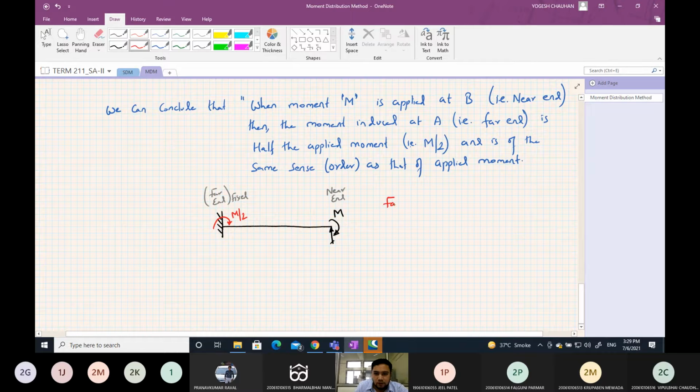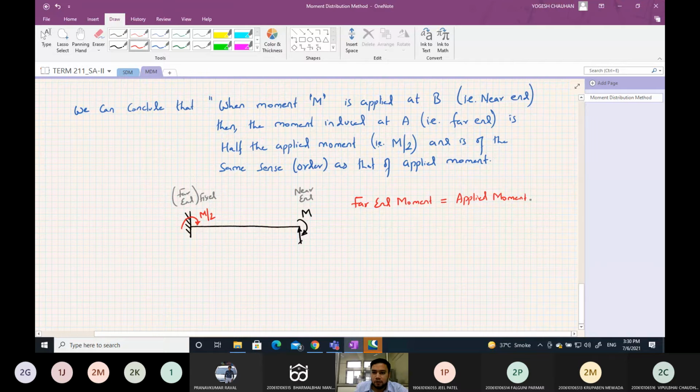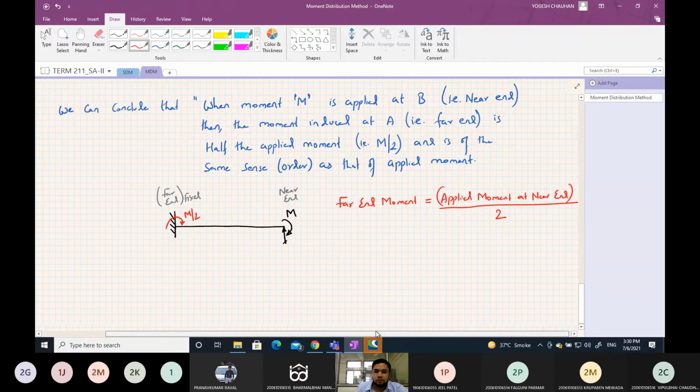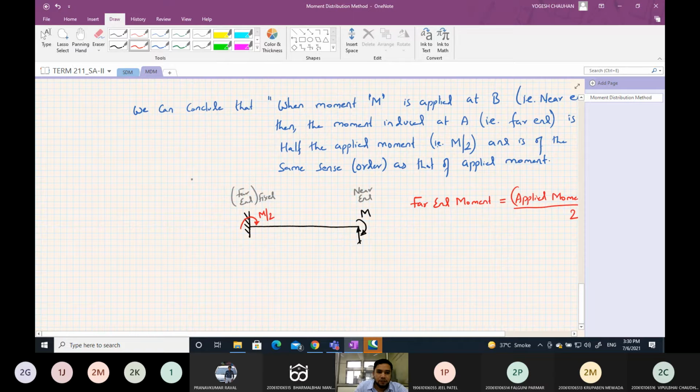So we can write far end moment is equal to half the applied moment at near end, M by 2. But this is the case of far end fixed.